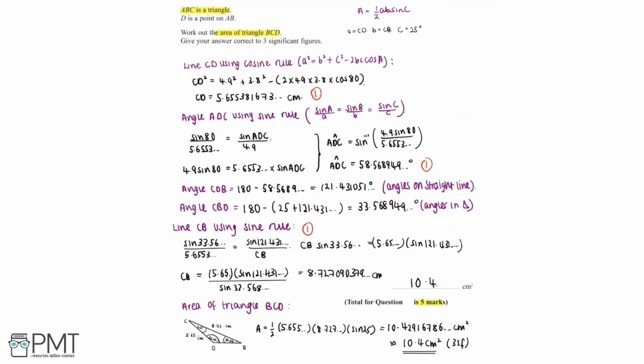Now after having found lines CD and CB, we get the fourth mark for using the formula A equals half AB sine C to find the area of triangle BCD. And we get the fifth and final mark for a correct final answer, that the area of triangle BCD is equal to 10.4 centimeters squared, correct to 3 significant figures, allowing us to get the full 5 marks needed in this question.